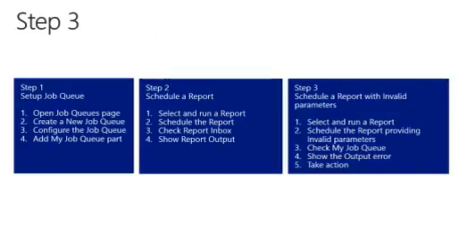In step 3, we will perform the same step as step 2, but this time we will provide invalid parameters in order to check the error that might arise and take action over it.